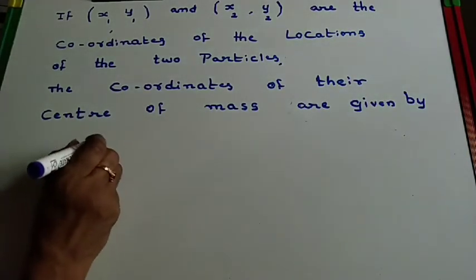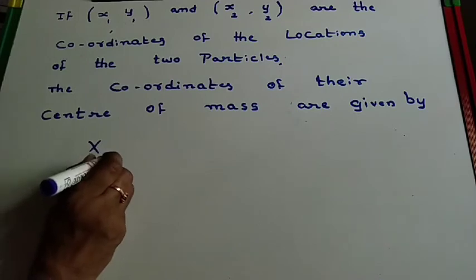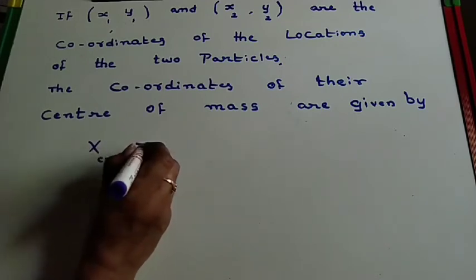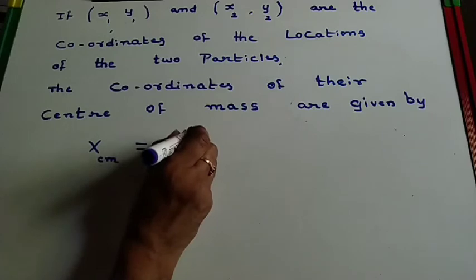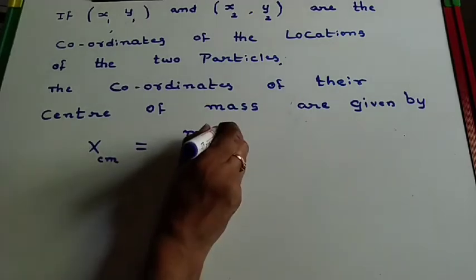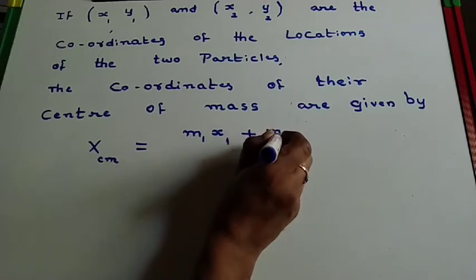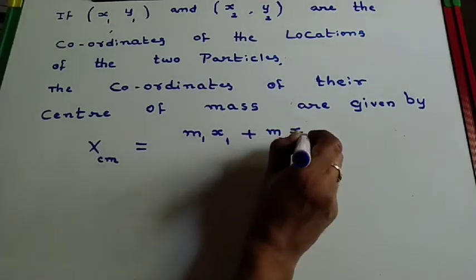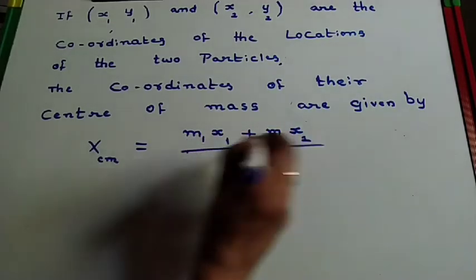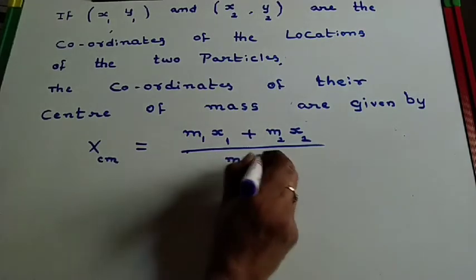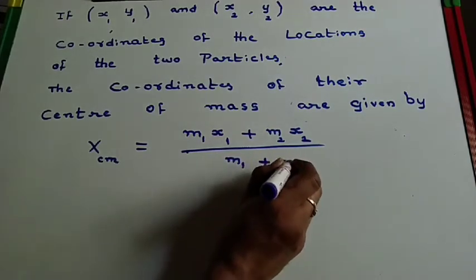xcm is equal to m1 x1 plus m2 x2 whole by m1 plus m2.